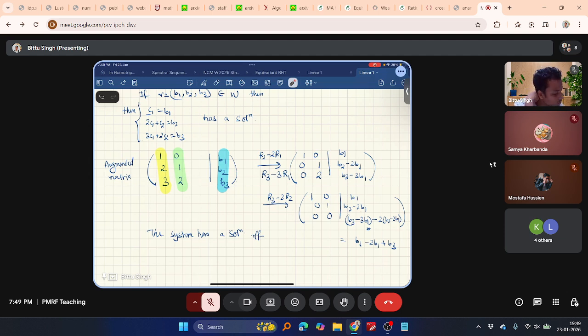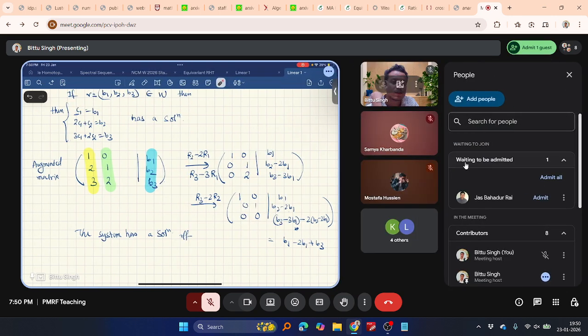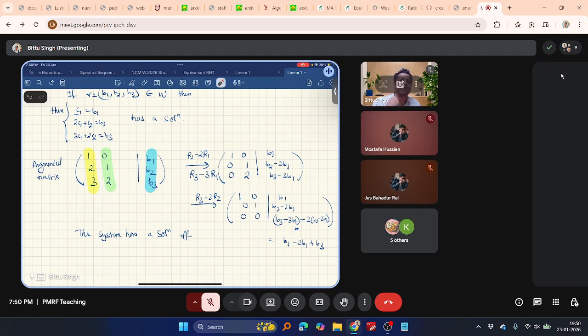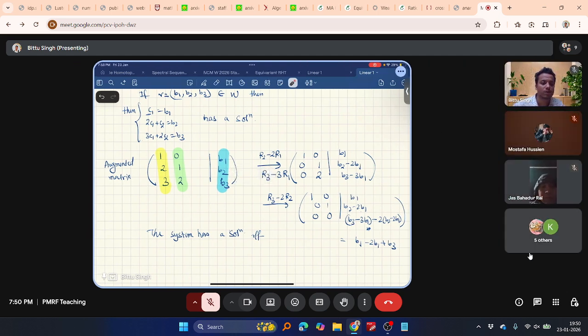This is only possible if this 0 and this 0 are the same. That is, this extra element should be 0. Otherwise 0 will be some non-zero element, which is not possible, right? The system has a solution if and only if both sides are the same. That is, those two ranks are the same. The rank of this matrix should be the same as the rank of the whole matrix.